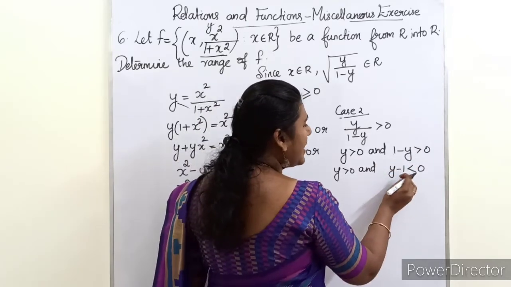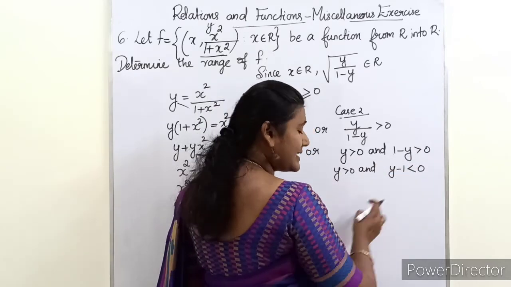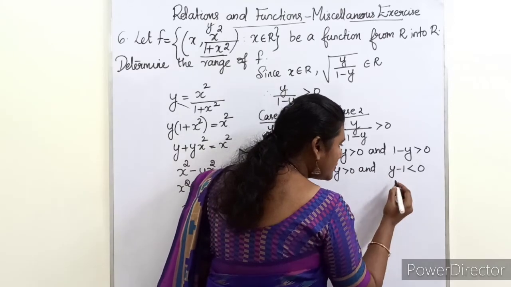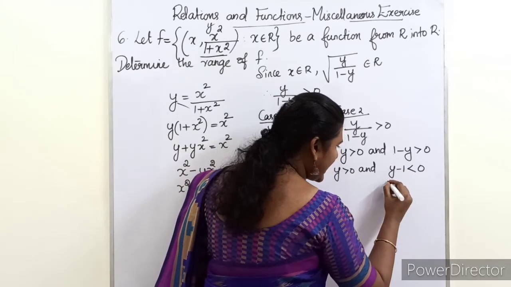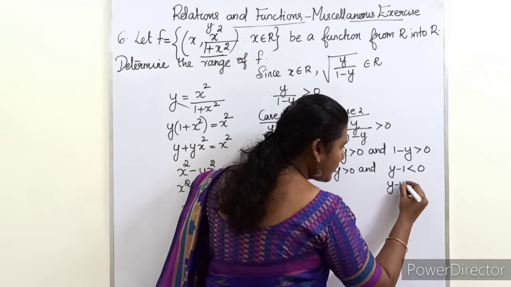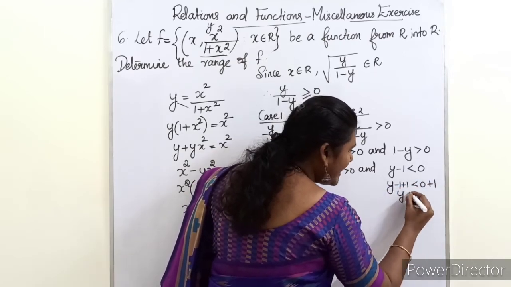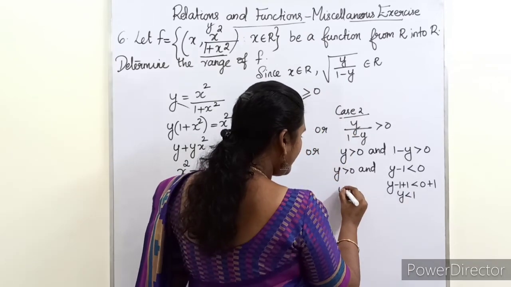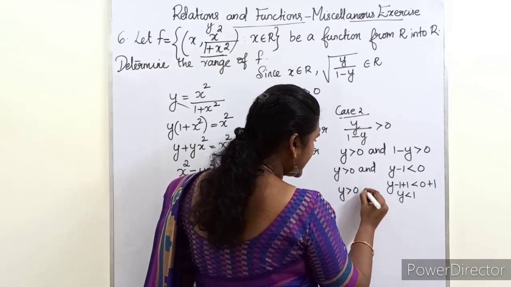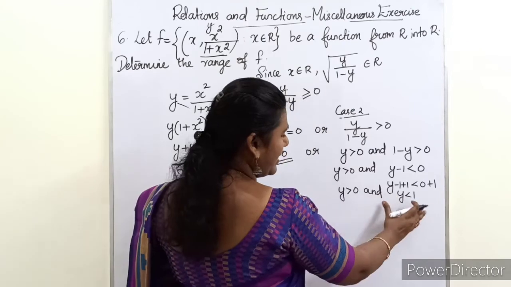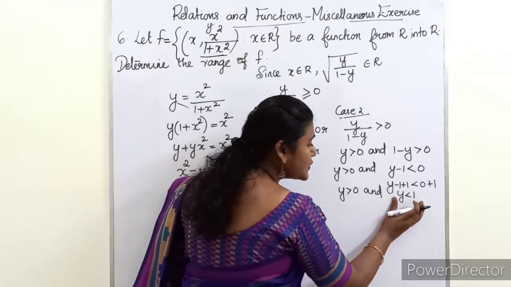So you will get y minus 1 less than 0. Now what we have to do, you add 1 on both the sides, so you will get y minus 1 plus 1 less than 0 plus 1. So you are getting y less than 1. So here what we got is y greater than 0 and y less than 1. So we will combine these two conditions.